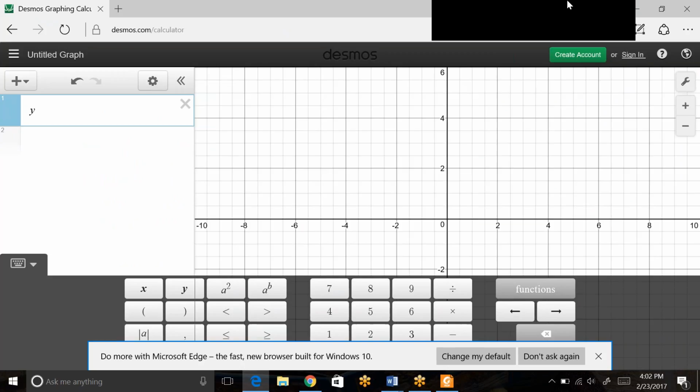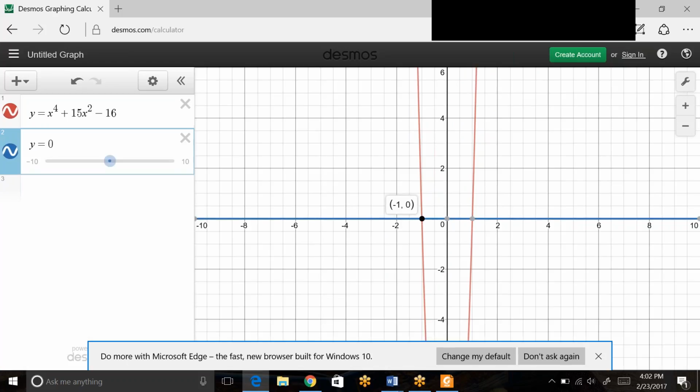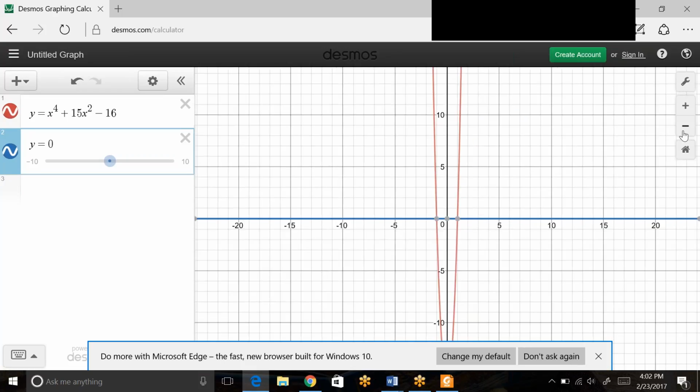So y equals x to the 4th plus 15x squared minus 16. And then right here, we get that we wanted y to equal 0. So notice that this still only crosses the x-axis twice at -1 and 1.